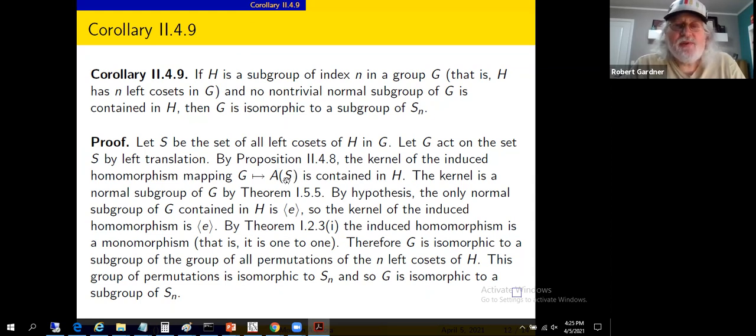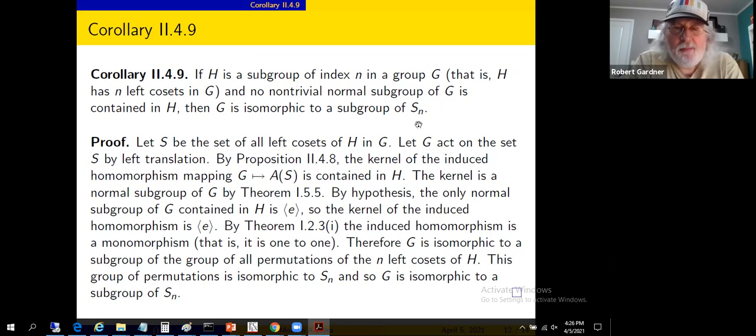But set S was of cardinality n. Set S consisted of left cosets of H, and we said the index of H in G was n. So that's how many left cosets there are. So this permutation group, this A of S group, is isomorphic to S sub n. G is isomorphic to a subgroup of A of S. A of S is isomorphic to S sub n. So G is isomorphic to a subgroup of S sub n.